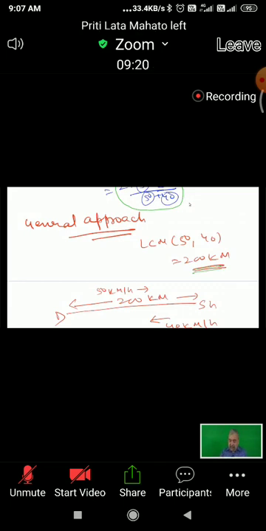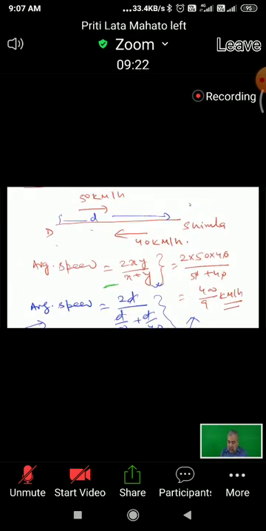So take the distance between Delhi and Simla as 200 kilometers. Going up and down, total distance covered will be 400 kilometers, 200 up and 200 down. Time taken will be 200 by 50 while going up, that is 4 hours, and while going down, 200 by 40, that is 5 hours.